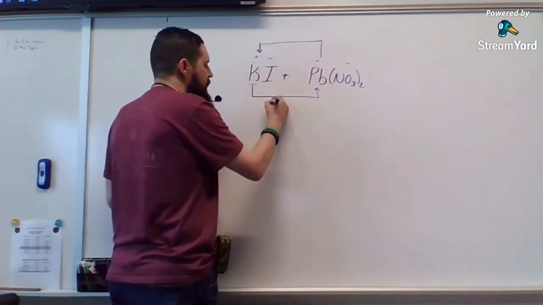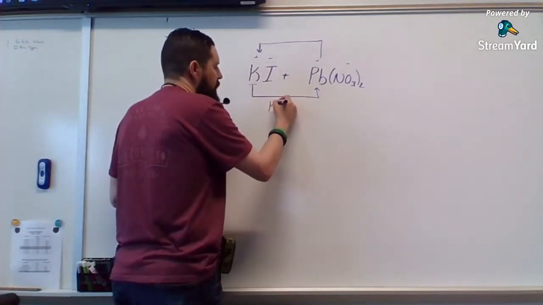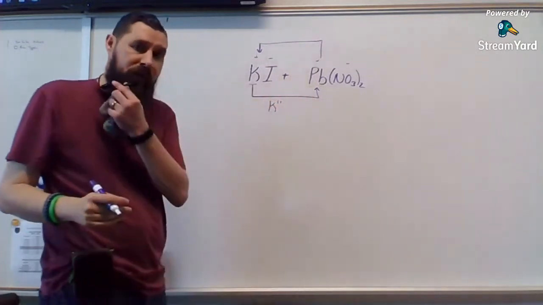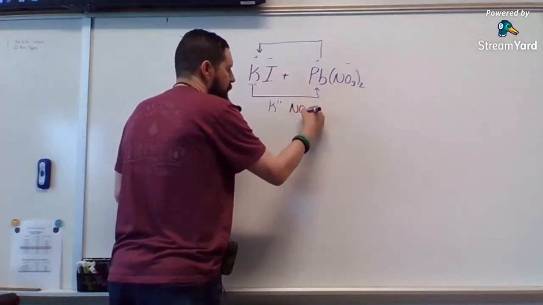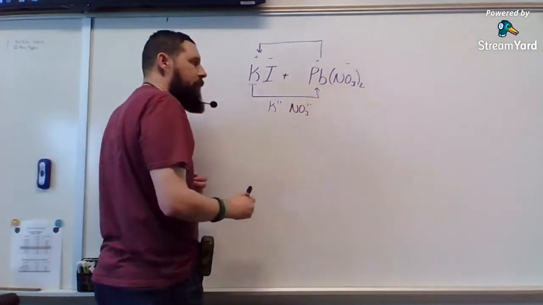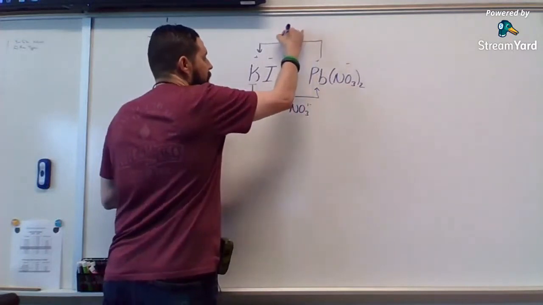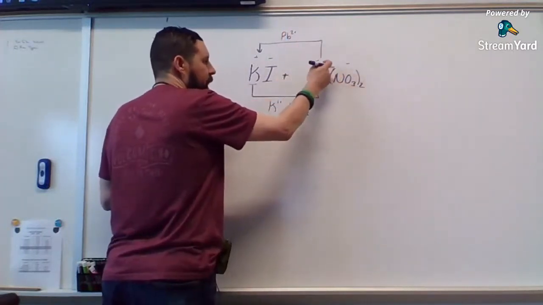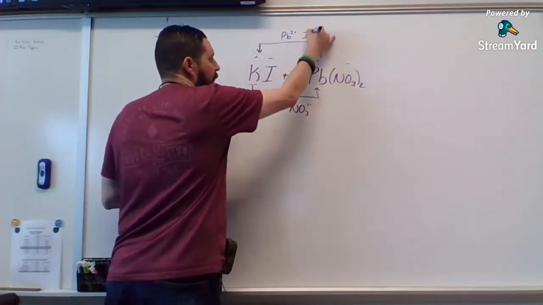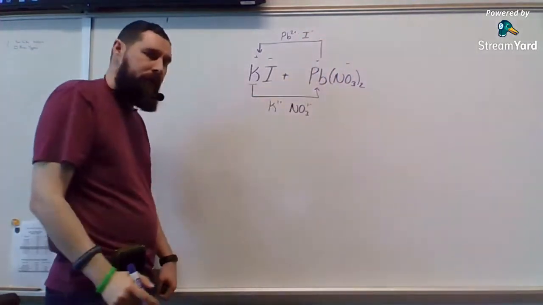So what this leaves me with is potassium, which would be a 1 positive charge, now combining with that nitrate, NO3 as a 1 negative, and I would have lead as a 2 positive, because that 2 crosses back up, combining with iodine as a 1 negative.